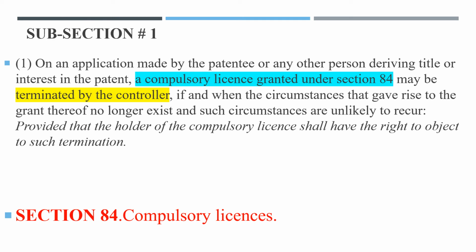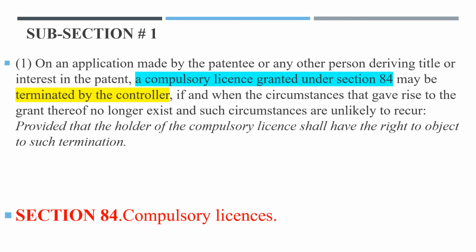Provided that the holder of the compulsory license shall have the right to object to such termination. That means the person should have the right to object to that termination. Based on this, a license can be terminated by the controller under the above described conditions.